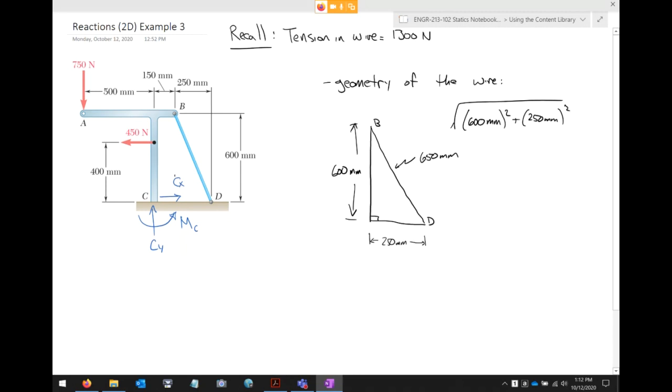Now let's see if we can tie this to what we've done in the past. Remember how we could write a force vector as the magnitude of that force times a unit vector in the direction of that force. So here's what I'm getting at.